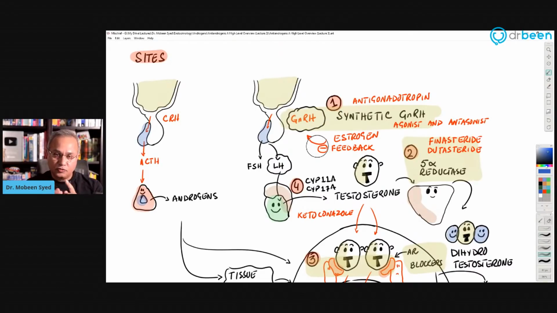The function of GnRH, the normal natural hormone function, is to cause the pituitary to release follicle stimulating hormone and luteinizing hormone. Luteinizing hormone in turn will cause release of testosterone. So it would make sense.